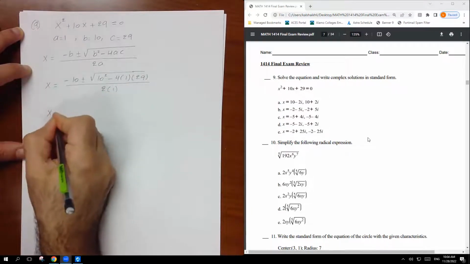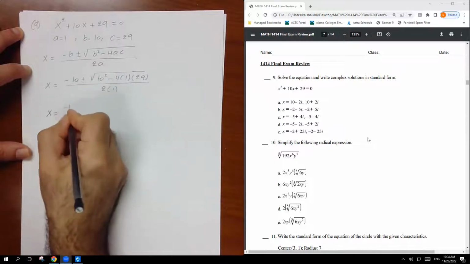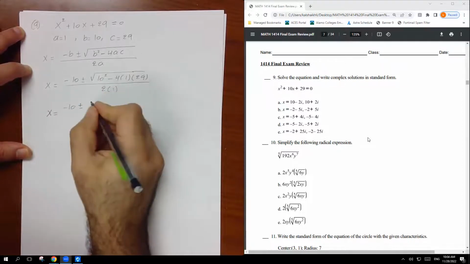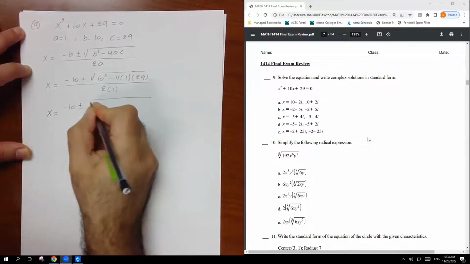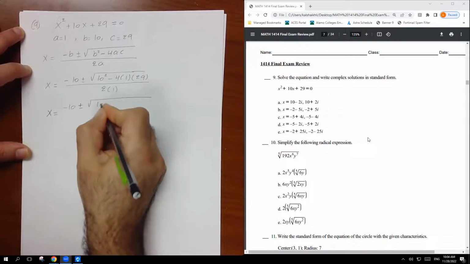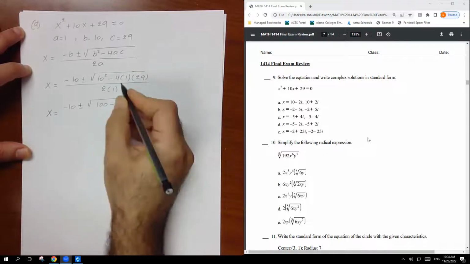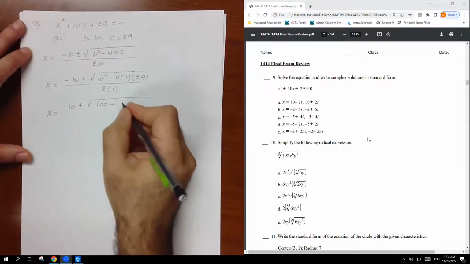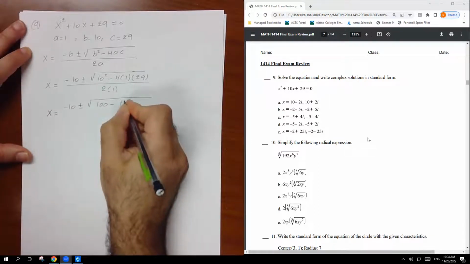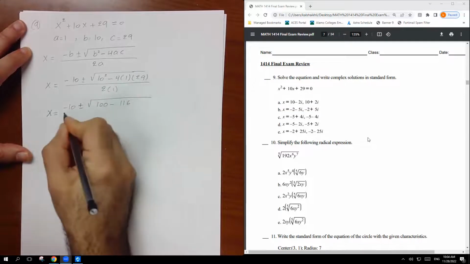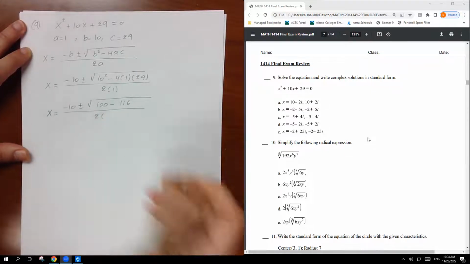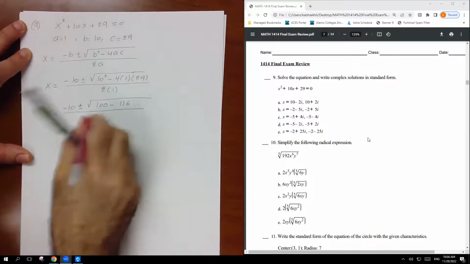So x is equal to negative 10 plus or minus the square root of 10 squared, which is 100, minus 4 times 1 times 29, which is 116, divided by 2 times 1, which is 2. So I have to write down 2 here.